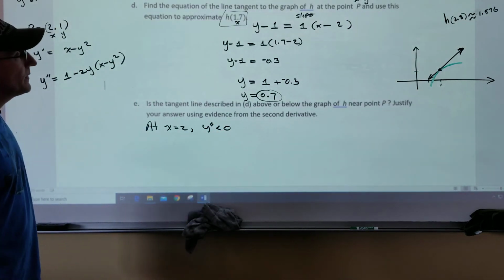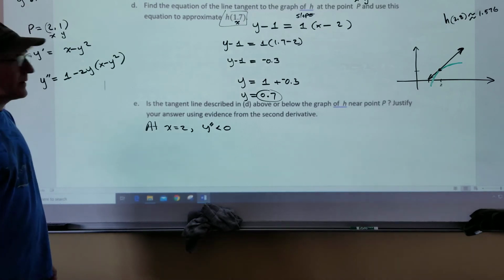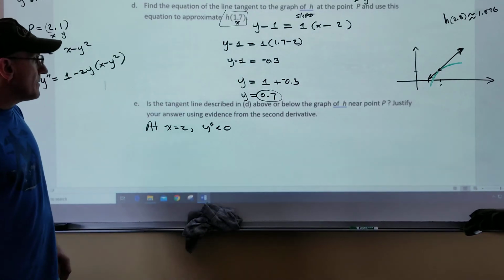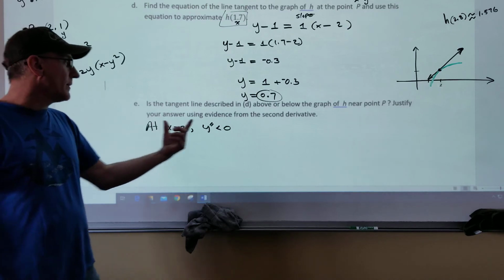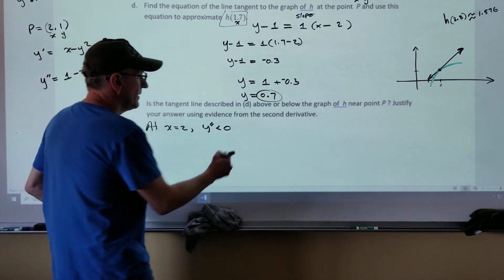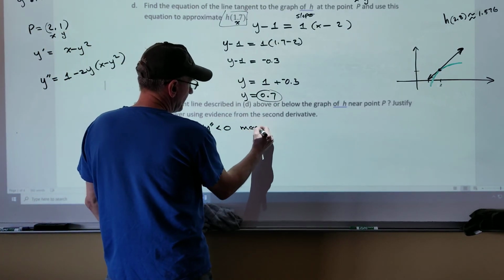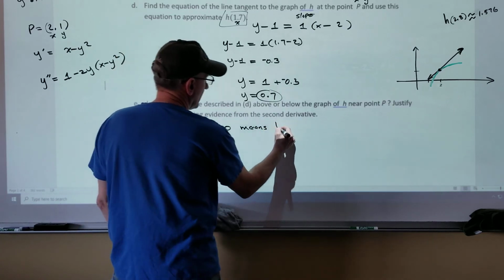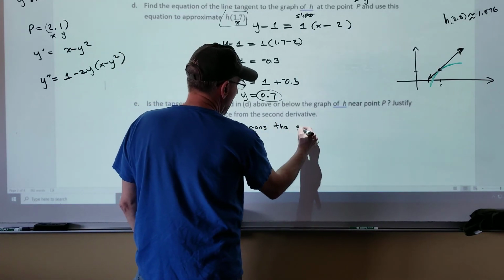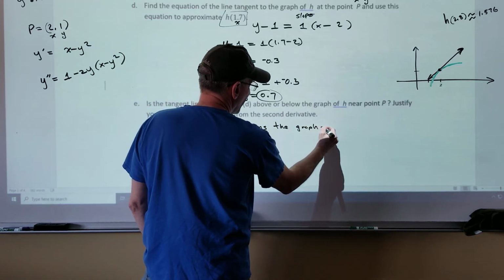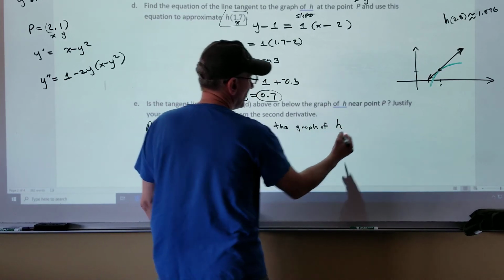Okay, it's not important that it came out to, now I don't remember, I think it was negative 1. It's not important that it came out to negative 1, it's important that it came out less than 0. And that means the graph of h is concave down.